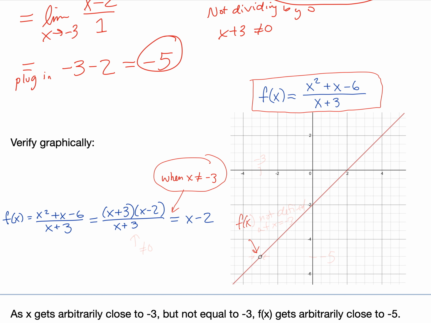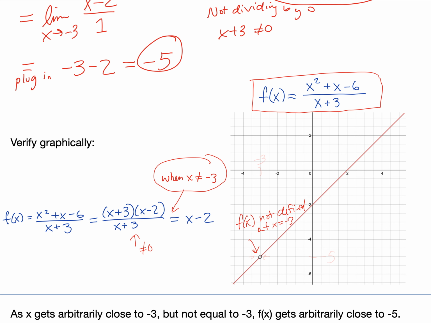So f of x is not defined at x equals negative 3. But everywhere else, this function simplifies to being just equal to x minus 2, because when x is not equal to negative 3, the bottom is not equal to 0, and so we can divide by x plus 3 as long as x is not equal to negative 3.